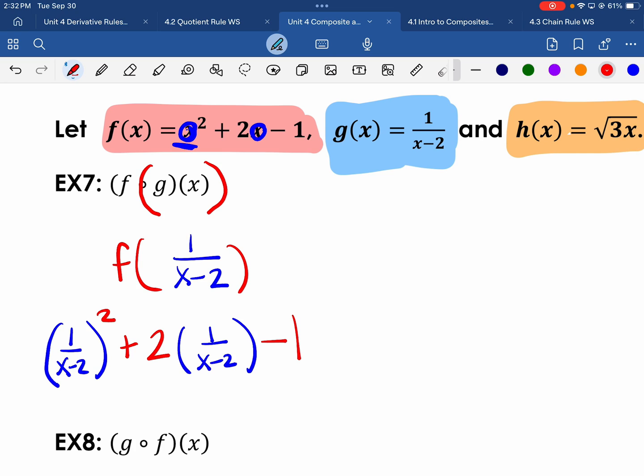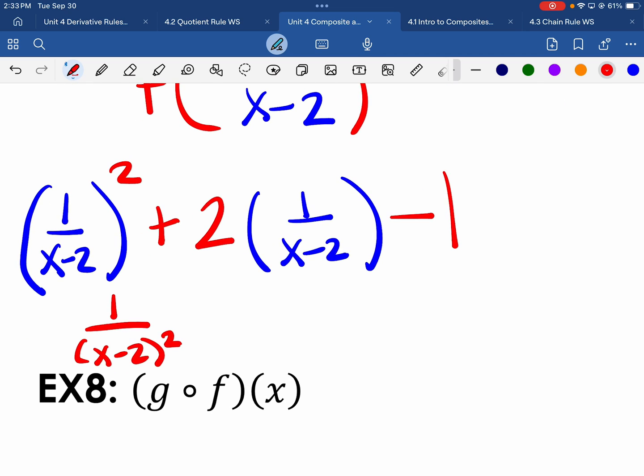We're not going to simplify it a whole lot. I'm going to go ahead and do 1 squared. What's 1 squared? 1. So I can rewrite that as 1. The x minus 2 squared I'm going to leave as x minus 2 squared. And over here, when you multiply the 2, are you going to multiply the top, the bottom, or both?